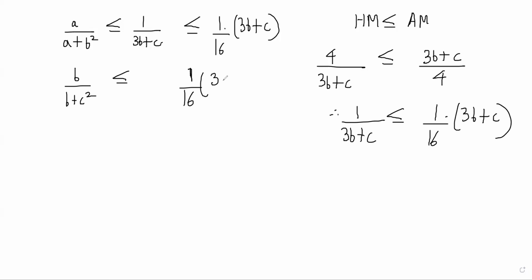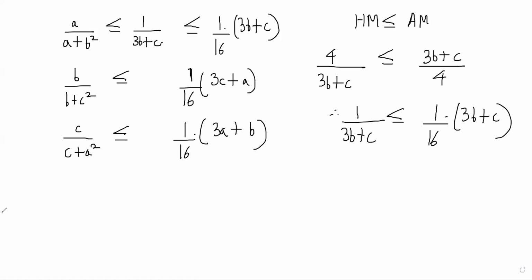3B by B plus into 3C plus A and C by C plus A squared is equal to 1 by 16, 3A plus B. So when you add up all of this, we are getting less than equal to 1 by 16 times 3a plus 3b plus 3c plus all of this.